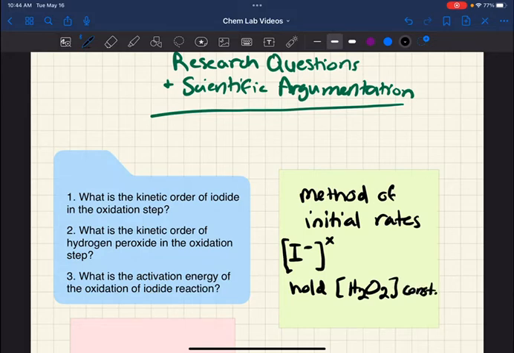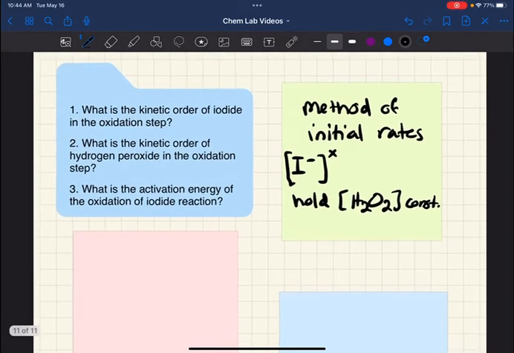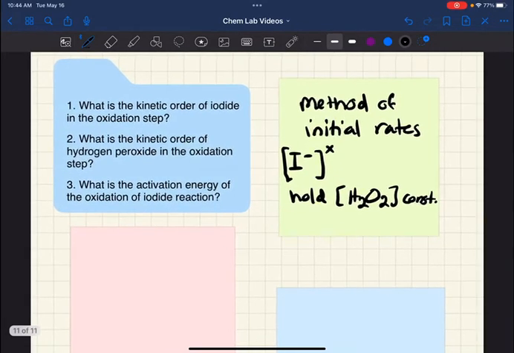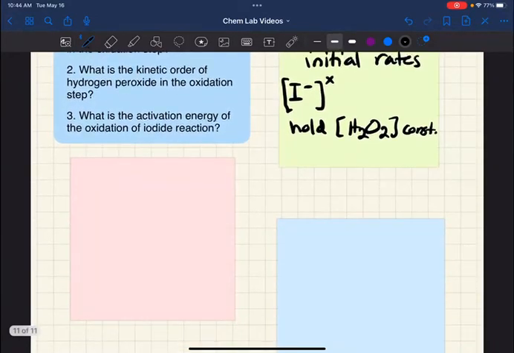All right, so that would be our strategy for figuring out the exponent for I.